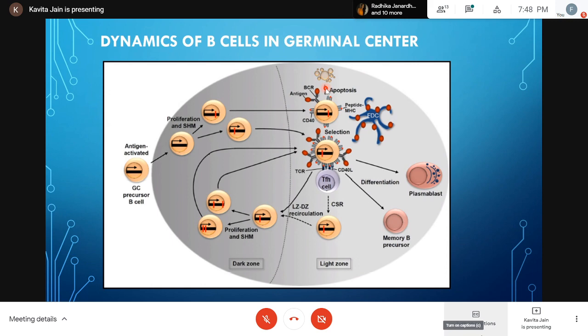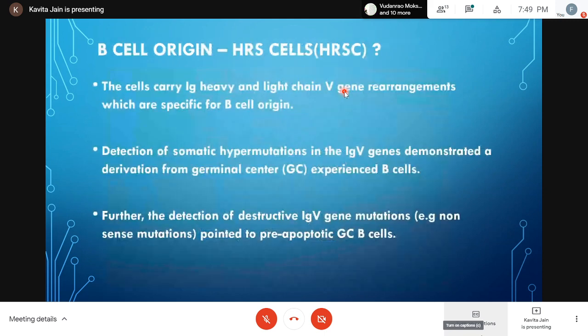This is Fas mediated apoptosis. There can be some crippling mutations or nonsense mutations which occur in these pre-apoptotic germinal center B cells, which can prolong the life of the B cell. Why I am telling you all this is that it has been shown that the RS cells are of B cell origin.